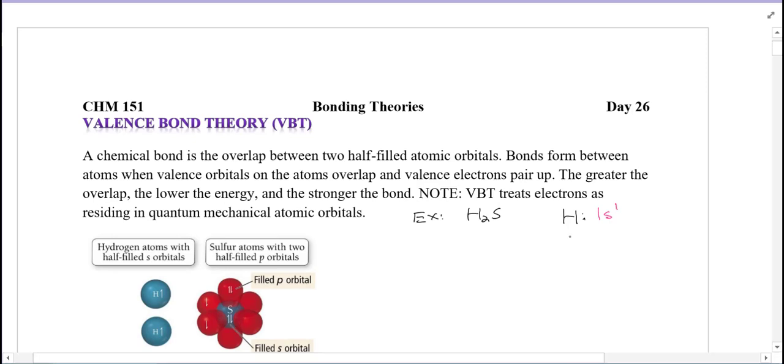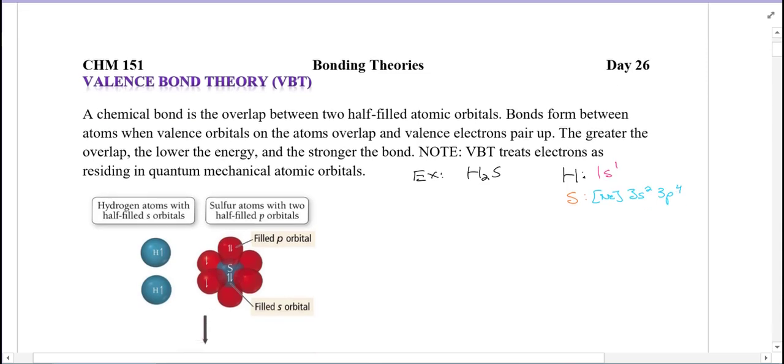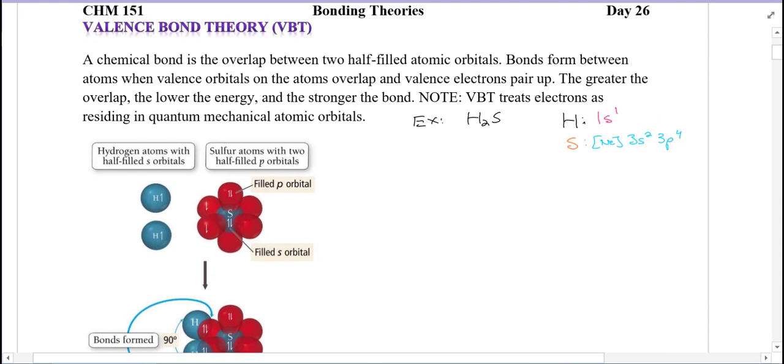Sulfur has electron configuration noble gas core of neon, then it's 3s2, 3p4. So if I draw the orbital notation here, hydrogen, H, will have its 1s atomic orbital, and the other H will have its 1s atomic orbital.